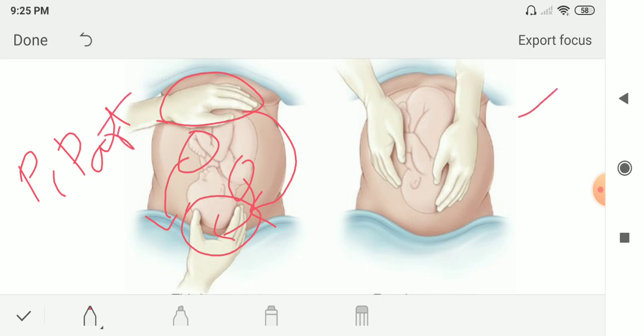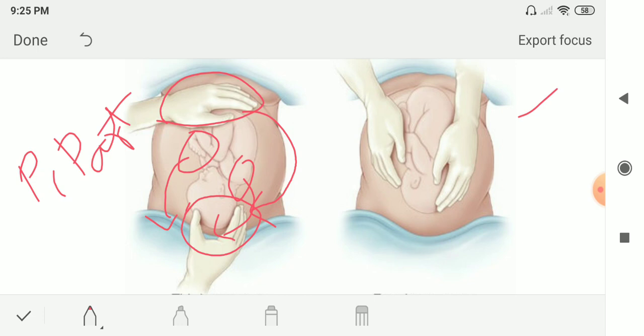What about the fourth one? The fourth one is a condition in which we use our fingers or both hands in order to find the brow of the fetus, whether the head is in an extended position or in a flexed position. We can identify this by using our hands.